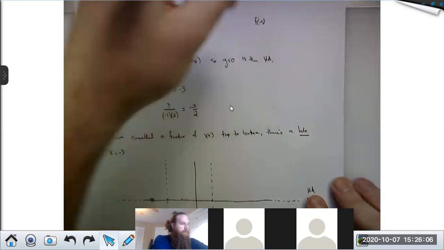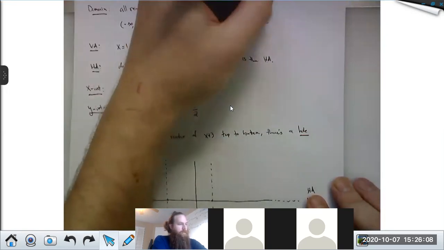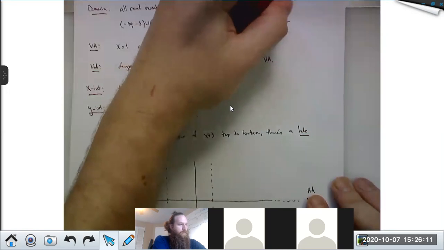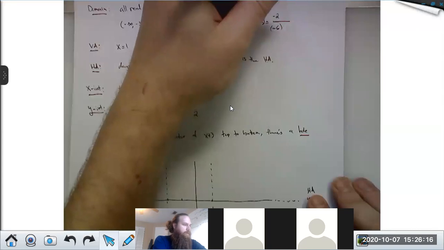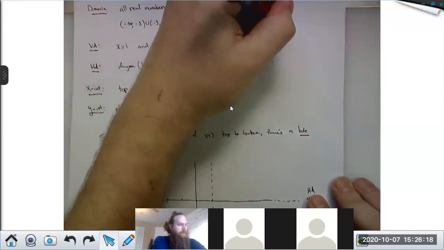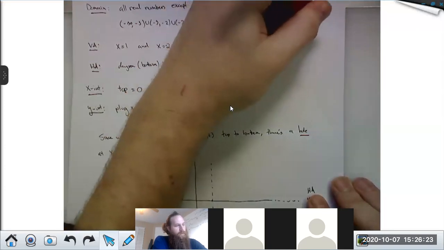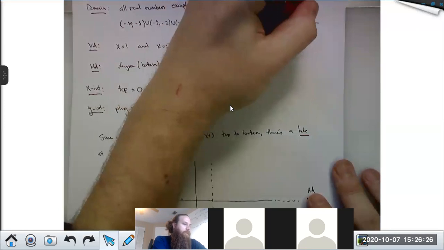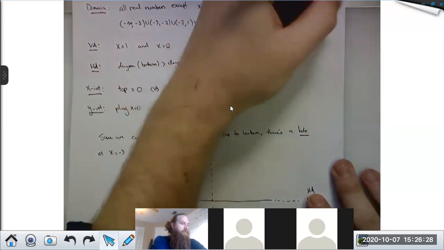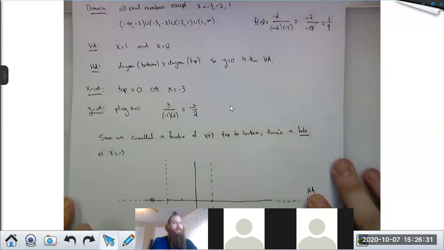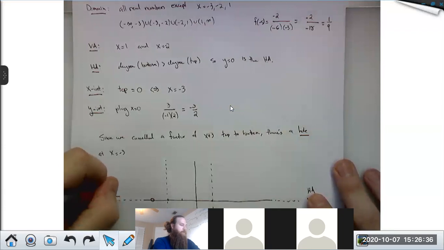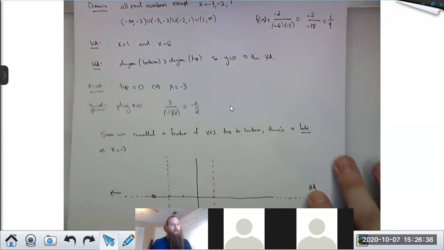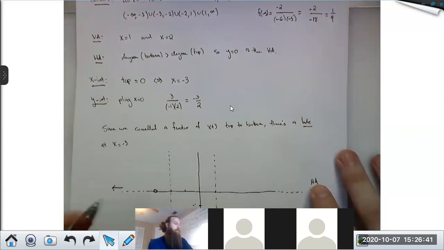F of negative 5 is negative 5 plus 3, that's negative 2, over negative 5 minus 1, that's negative 6, and negative 5 plus 2, that's negative 3. So this is negative 2 over negative 18, or positive 1/9. In particular, I care that it's positive. So that tells me that I'm going to be approaching my horizontal asymptote over here from above.